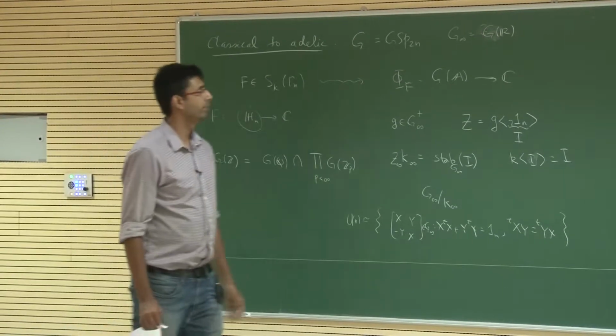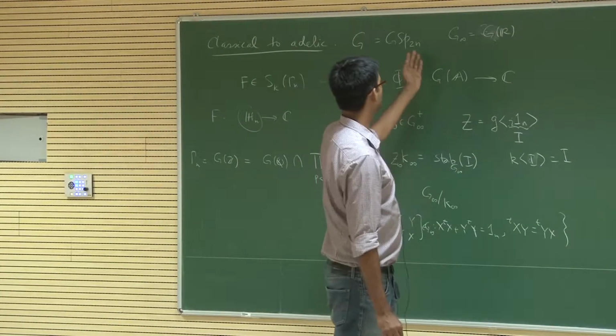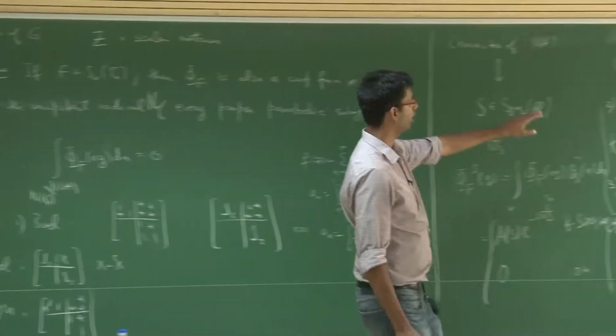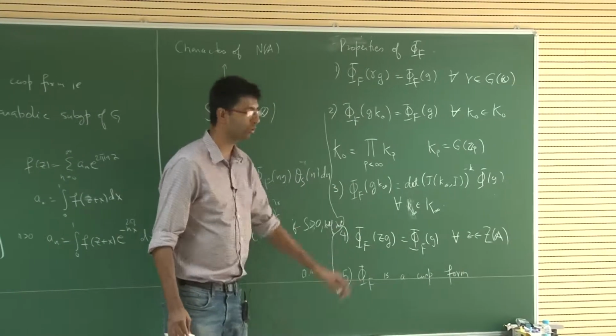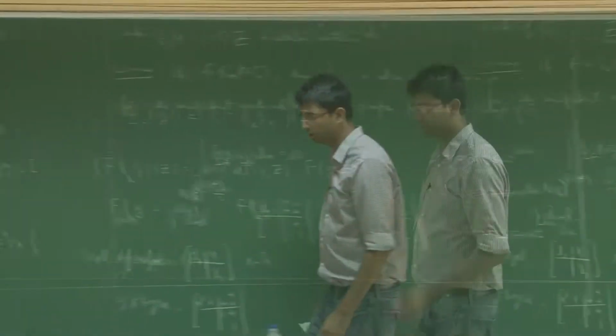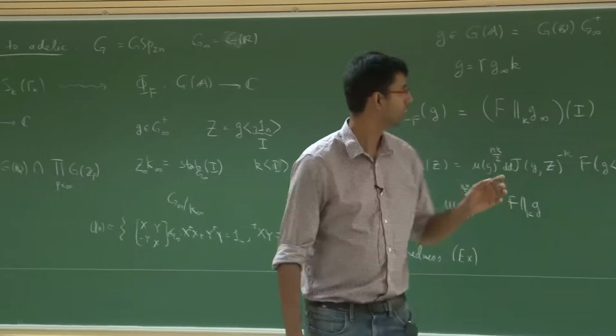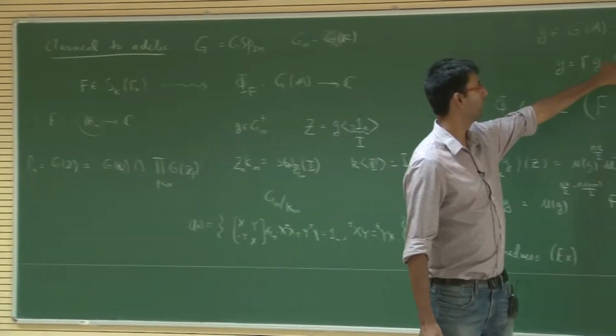In fact, what we can do is we already have a Petersson inner product on our cusp forms here, and the functions that we got now, from properties 1 and 4, are functions on G(A) modulo G(Q) and the center.